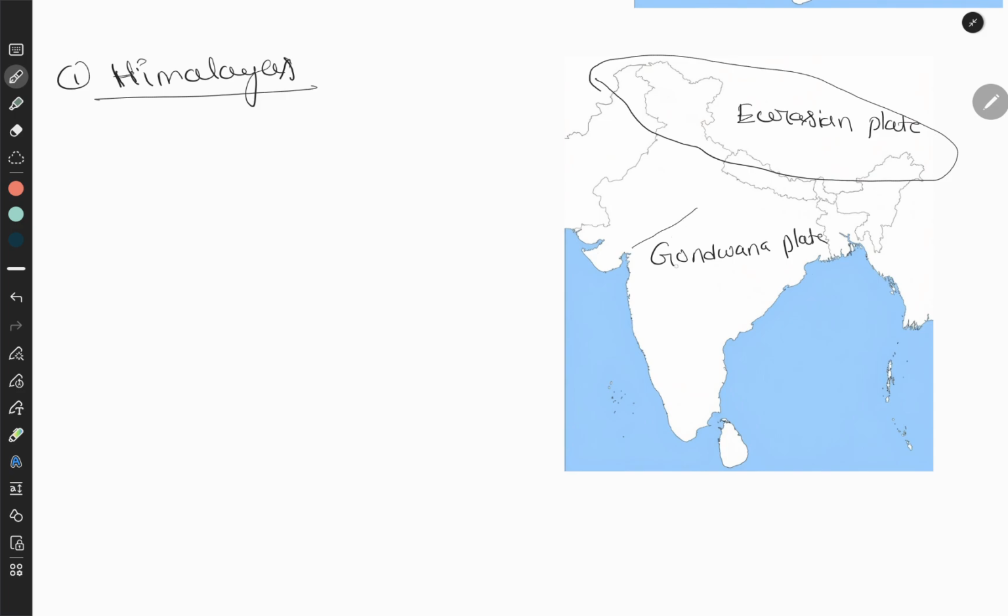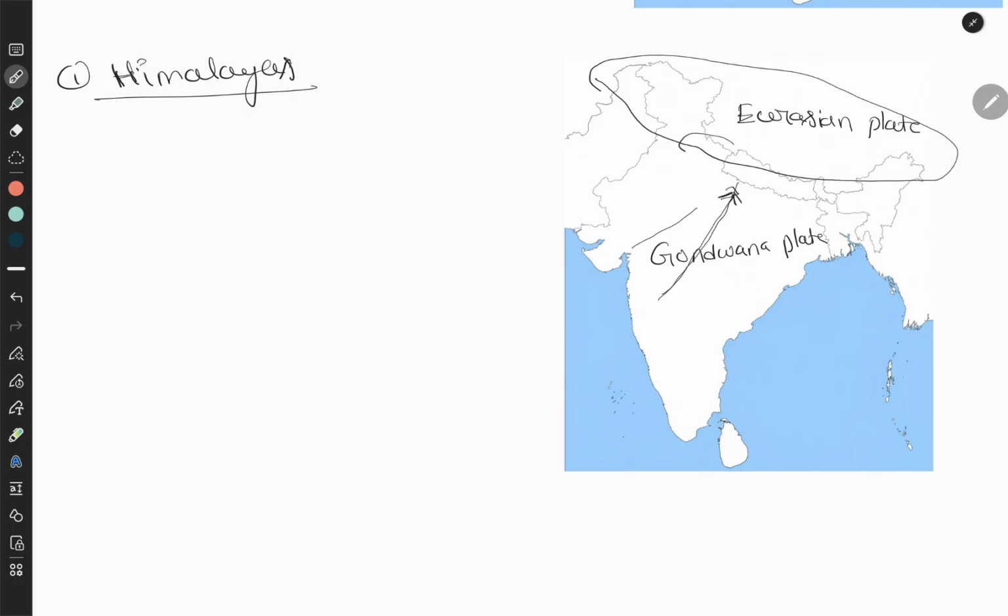The Gondwana plate detached and is moving toward the north side, and it is meeting the Eurasian plate.